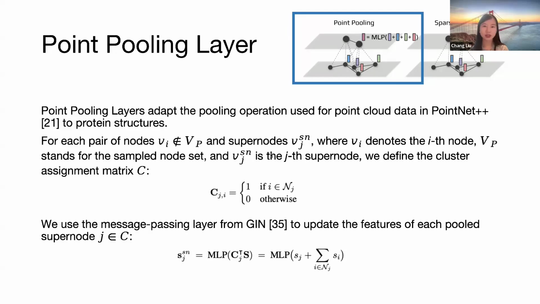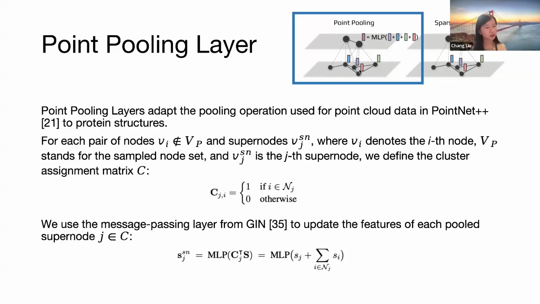From this definition, we can see that point pooling layers would aggregate some node information multiple times, because some supernodes may have overlapped neighbors, as you can see clearly from this illustration. For the node on the right, its neighbors are the 4 original nodes. But for the left node, its neighbors are the other 4 nodes, and you can see they have 3 nodes in common.